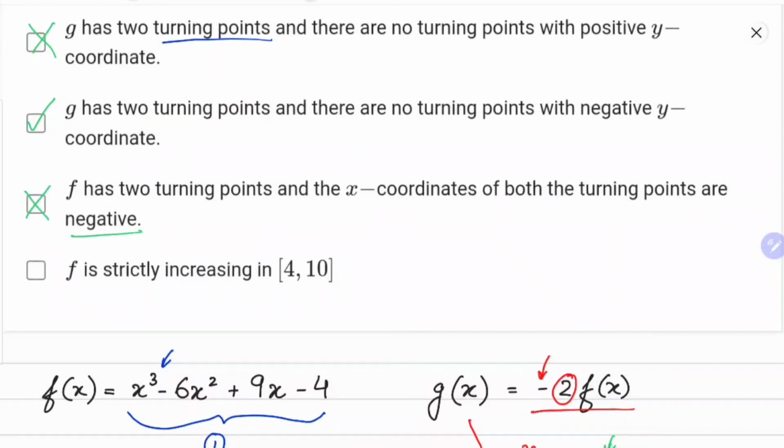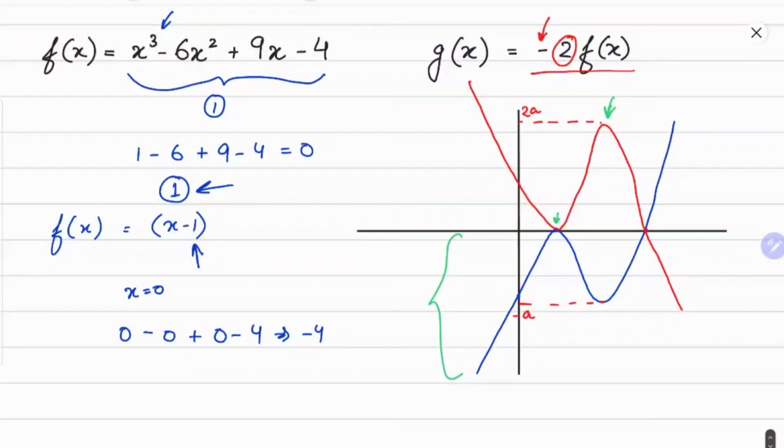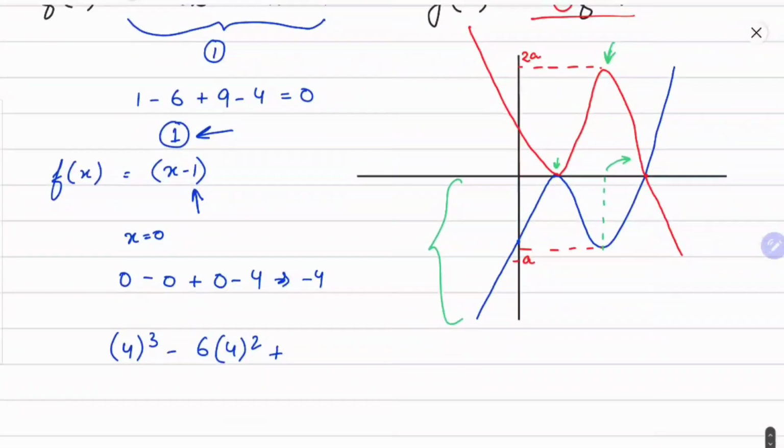F is strictly increasing in 4 to 10. The blue graph is f(x) and they are saying it is strictly increasing in 4 to 10. Basically, if 4 comes after this point, then it would be increasing. If you observe, 4 satisfies this equation: 4 cubed minus 6 into 4 squared plus 9 into 4 minus 4.